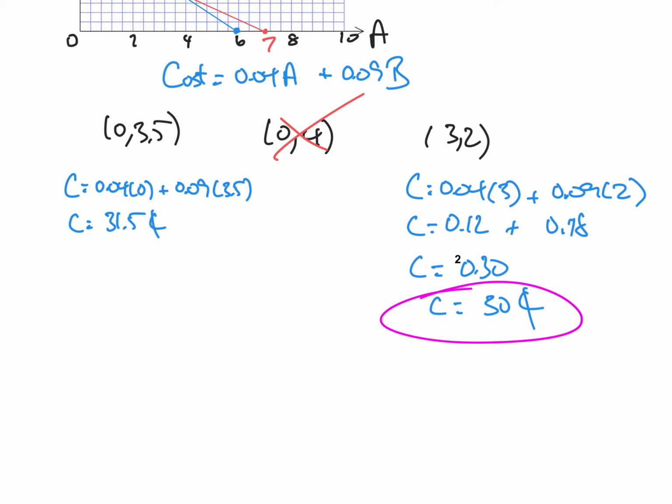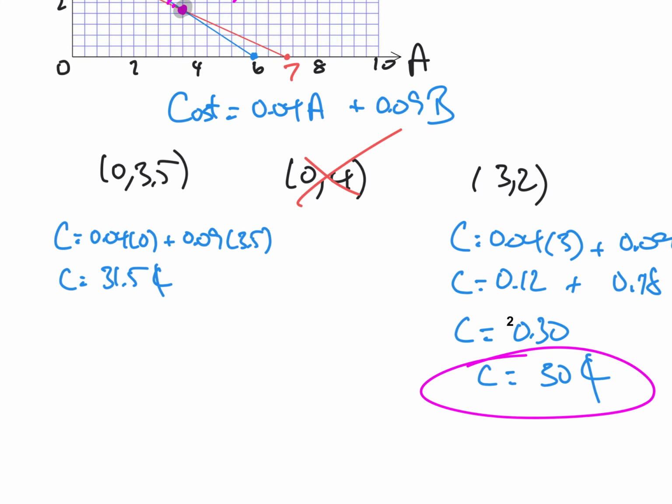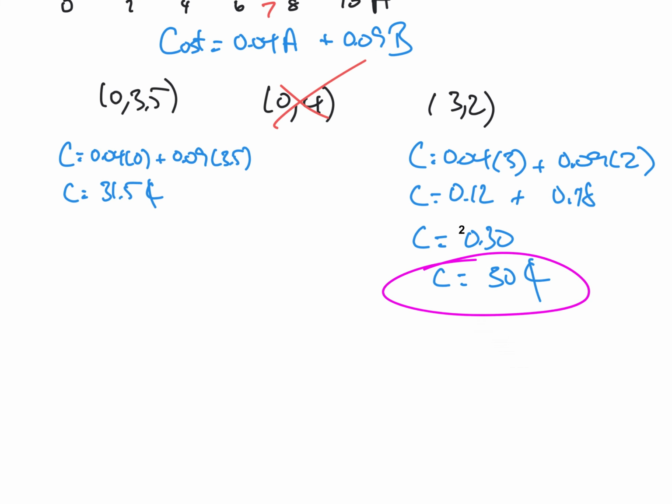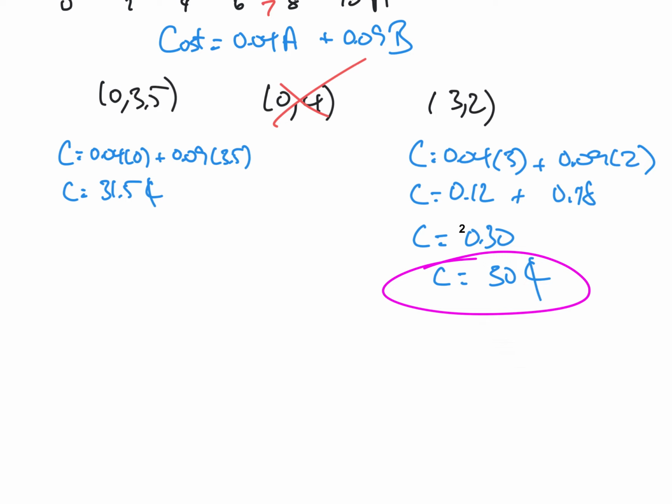In this question, we're asked to minimize the cost. Minimize means make smallest. So we only minimize the cost if we pick the smallest number, and the smallest number is 30. So it's 3 and 2.